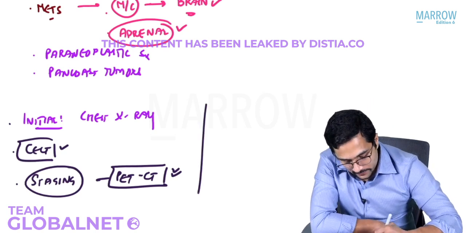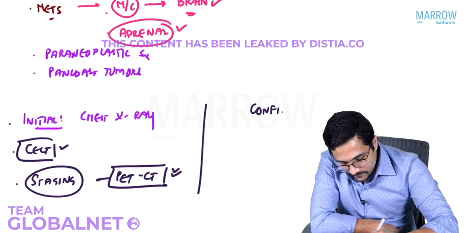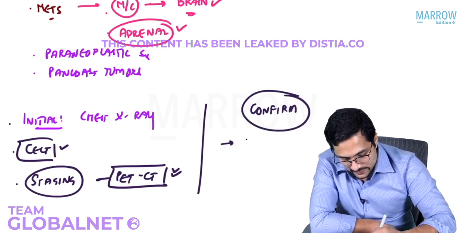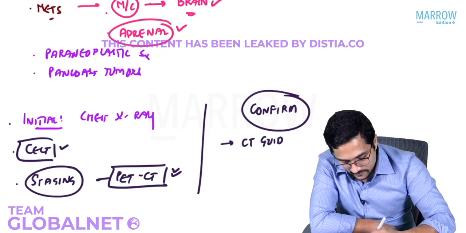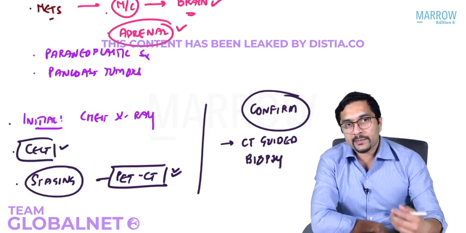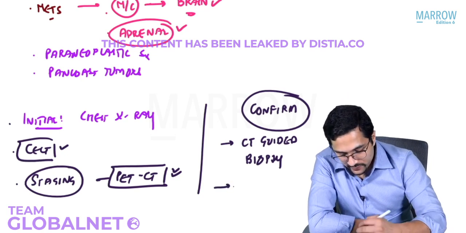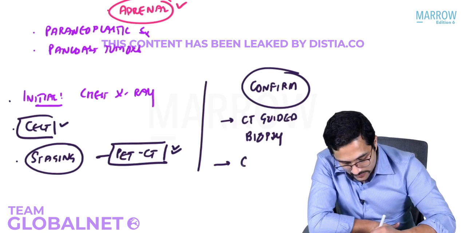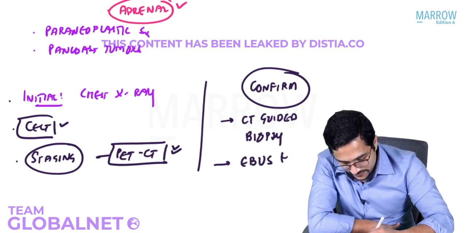Now, to confirm the diagnosis, we can do a CT guided biopsy. A core needle biopsy can be done from the tumor. If a CT guided biopsy is not possible, then we can do EBUS FNA. This is very important.